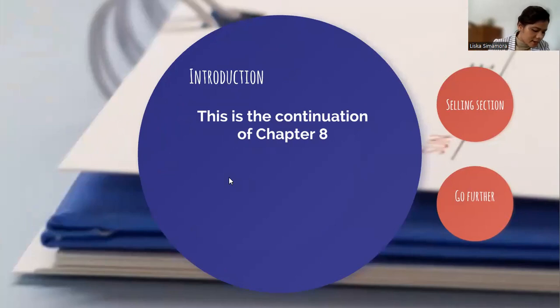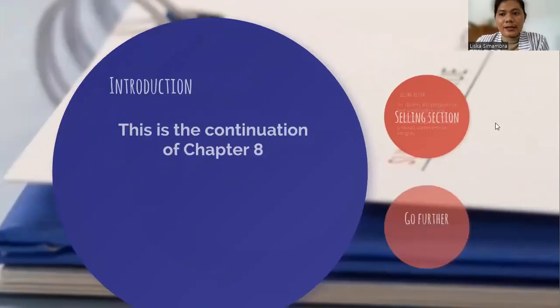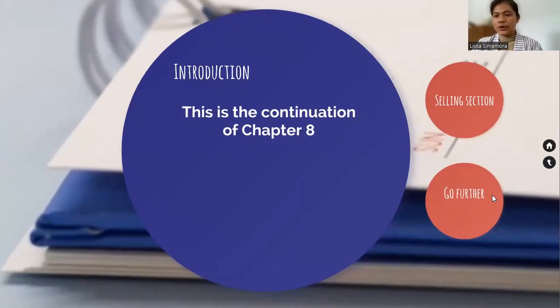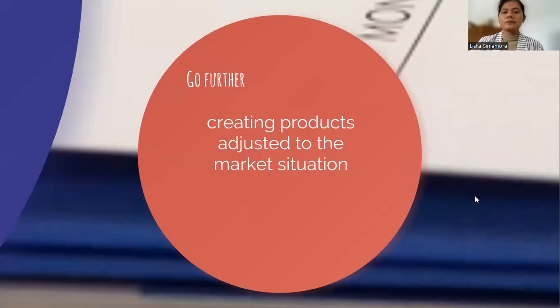As this is the continuation from chapter 8, in this part, I will also ask every group to share your selling experience or selling progress from the previous week. And then creating products adjusted to the market situation. Previously, we have learned about defining the product problem.